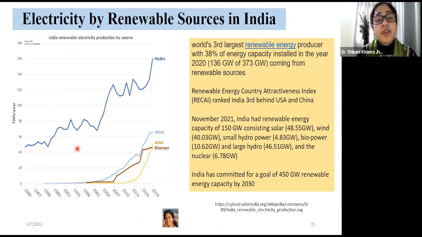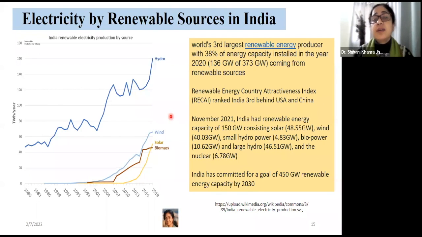In the context of India, you can see that hydro takes a major share in the renewable energy, followed by wind and then biomass and solar. So currently, India is considered the world's 3rd largest renewable energy producer with 38% of energy capacity.